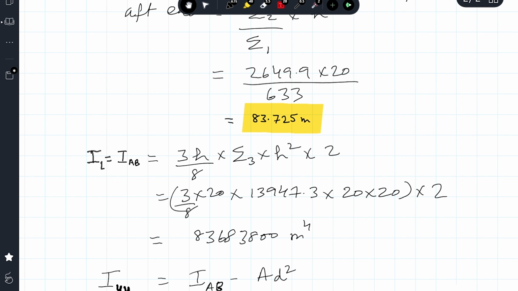And what about now moment of inertia? Because my levers moments I have taken from aft end, so my axis for moment of inertia is also aft end.